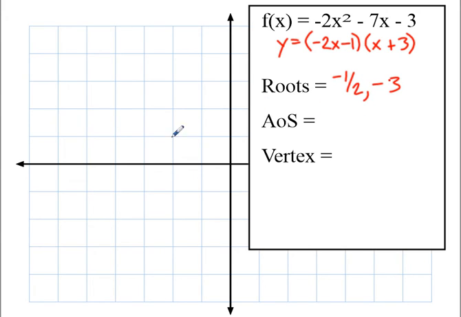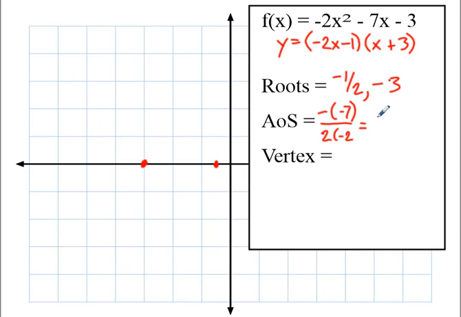Let's plot those right away. Negative 1/2 would be approximately right here, and negative 3 would be right here. Remember, these are x-intercepts. Let's take our b and our a and plug it into negative b divided by 2a.